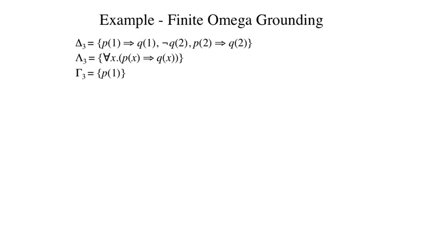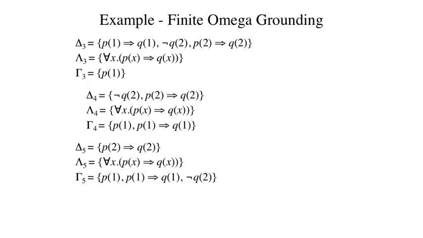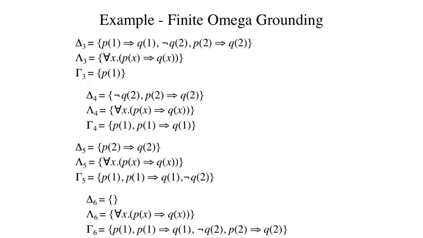At this point, everything in delta is ground, so we just move all the sentences down to gamma. Since we have run out of sentences in delta, the procedure's finished, and gamma 6 here is the omega grounding for the initial set of sentences.